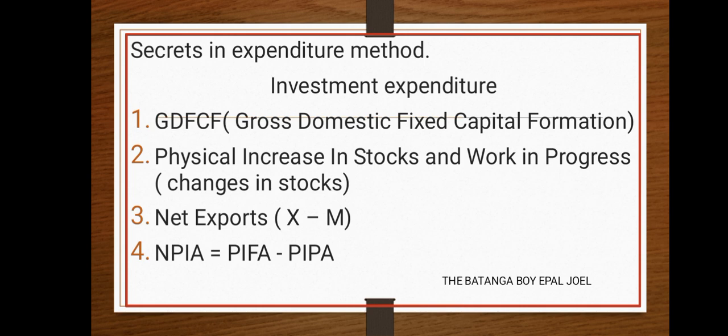I repeat, total investment is calculated by taking net domestic capital formation plus changes in stock plus depreciation. These are the few secrets behind the expenditure method. Once you master this one, everything about the expenditure method is very easy and very simple.